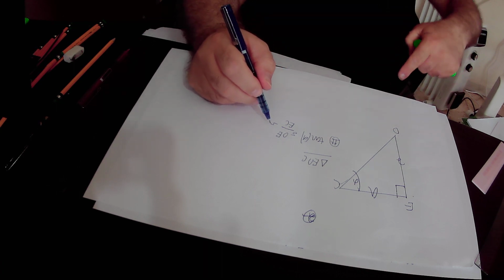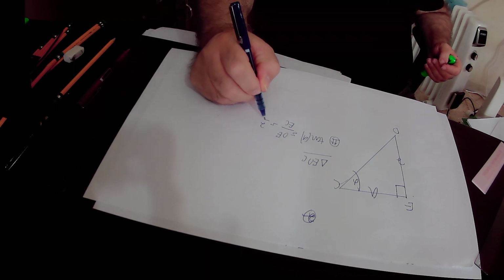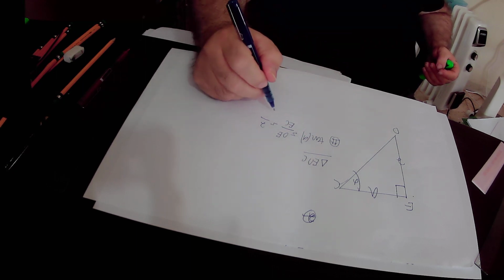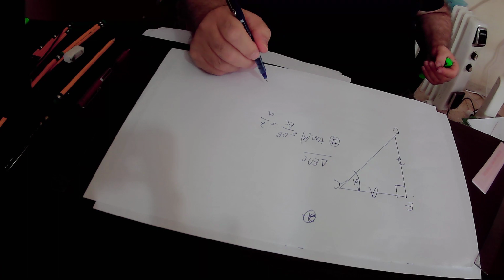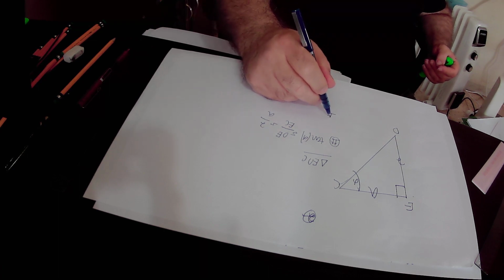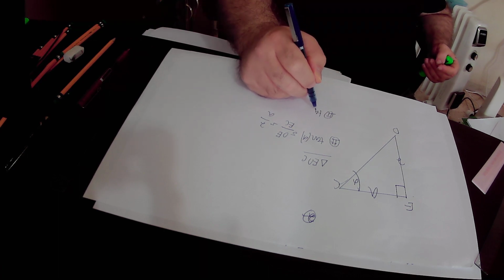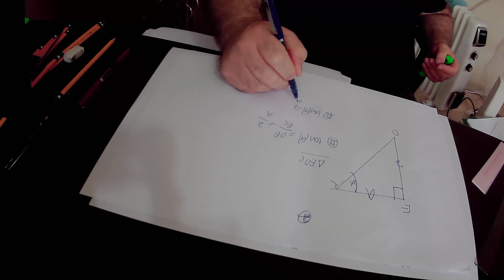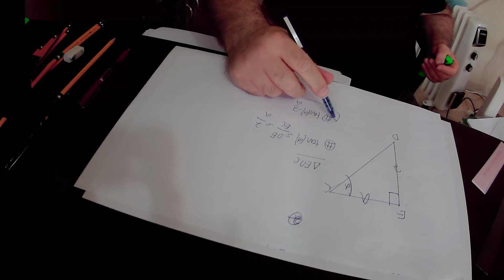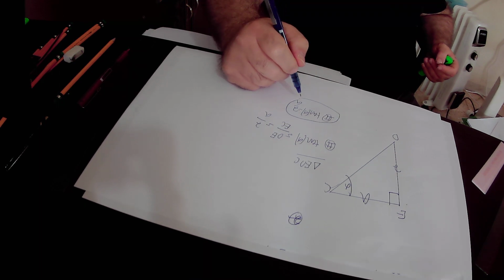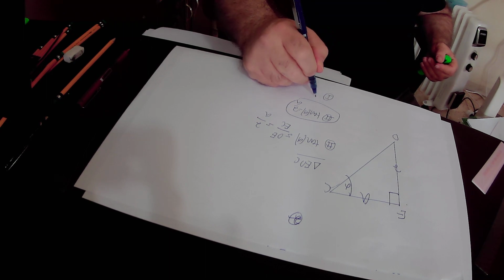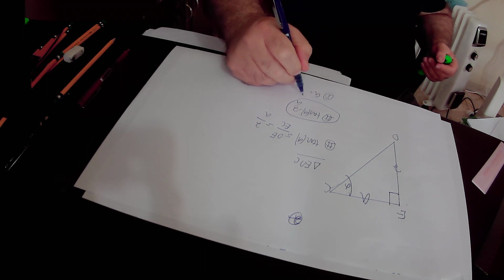DE equals 2 according to what is given in the question, and EC equals A. In conclusion, according to equation number 2, tangent alpha equals 2 over A, but according to equation number 1, we have already found that A equals 3 over cosine alpha.